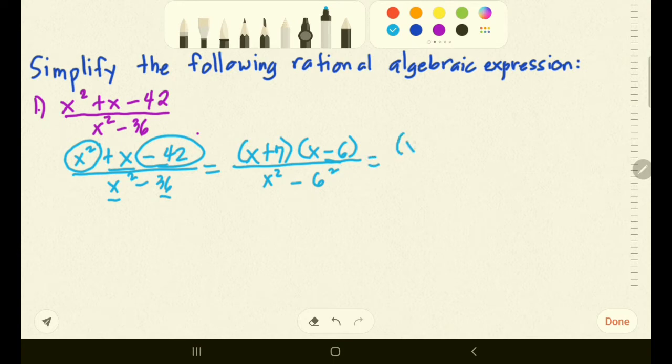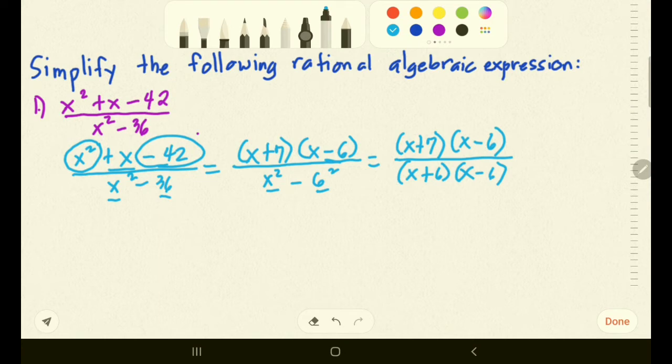You factor that, it's very easy. The base is x, and for 6 squared, just pick the base, which is 6, so x plus 6 times x minus 6.